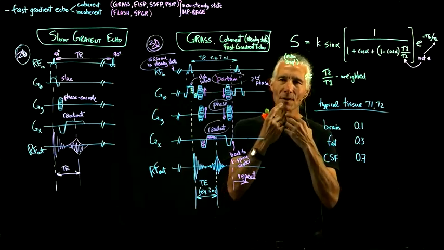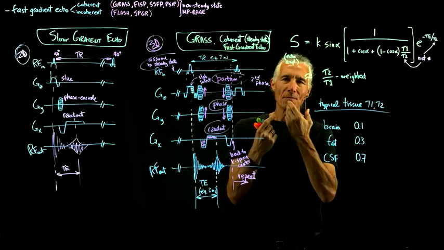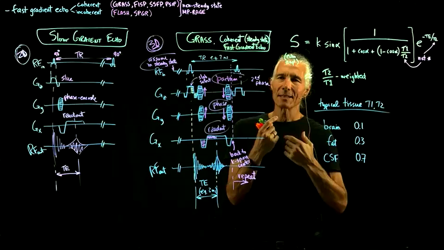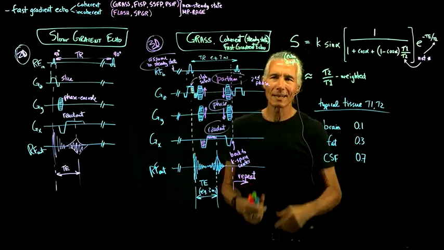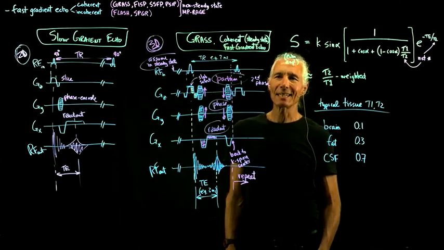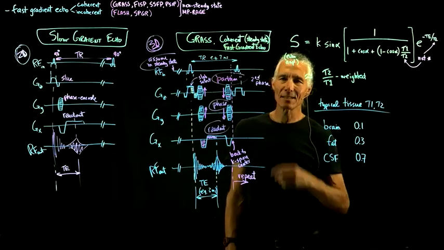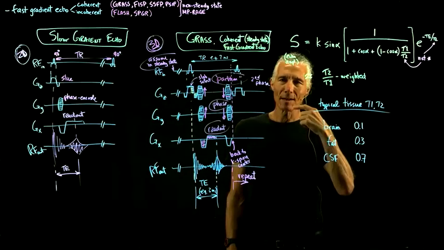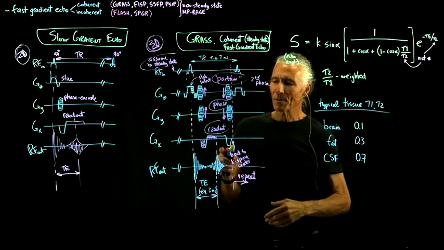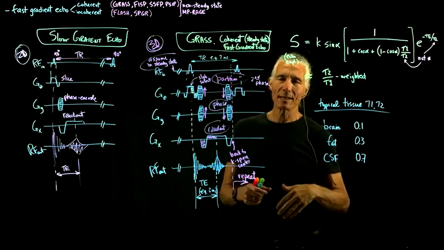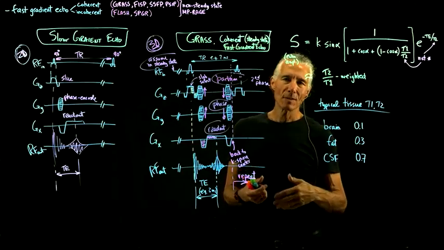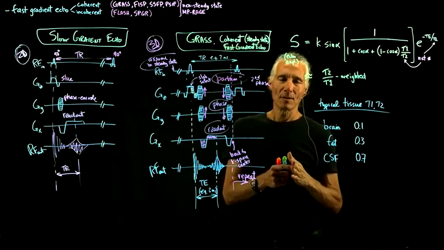I've used it for making movies of people speaking. So if you stick somebody in the magnet and have them say, like, cha cha cha cha or t t t t, just to see what's going on with their tongue, you can do this imaging fast enough that you can get like 5 or 10 images a second, so very rapidly.